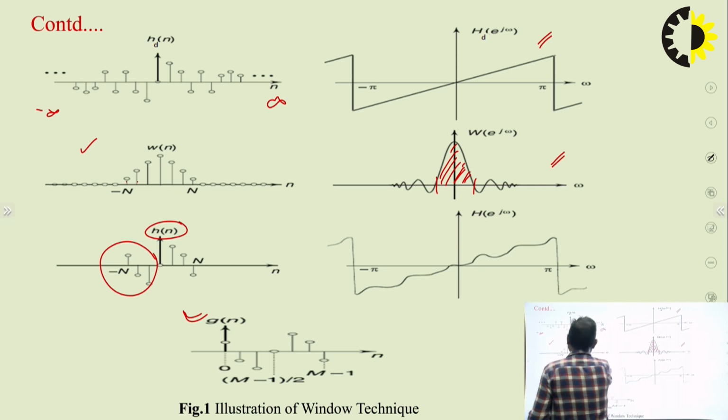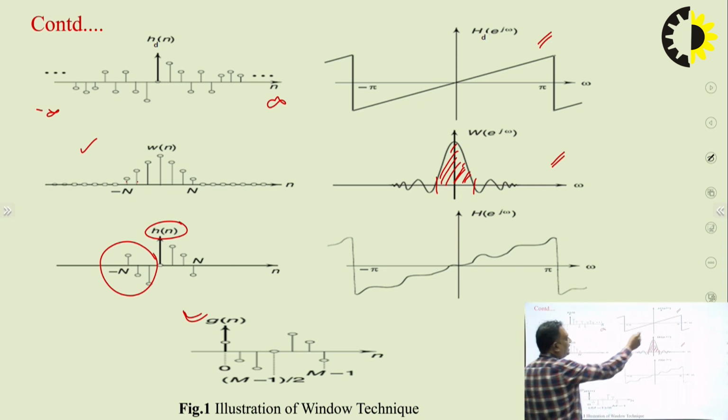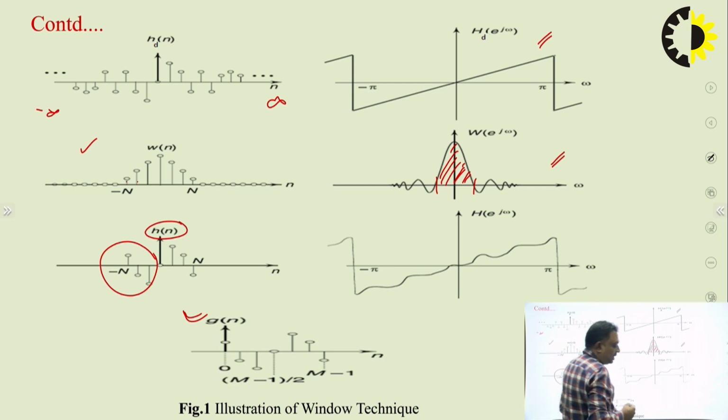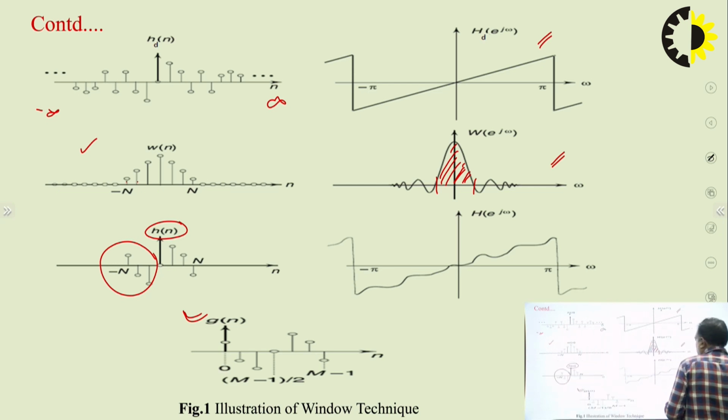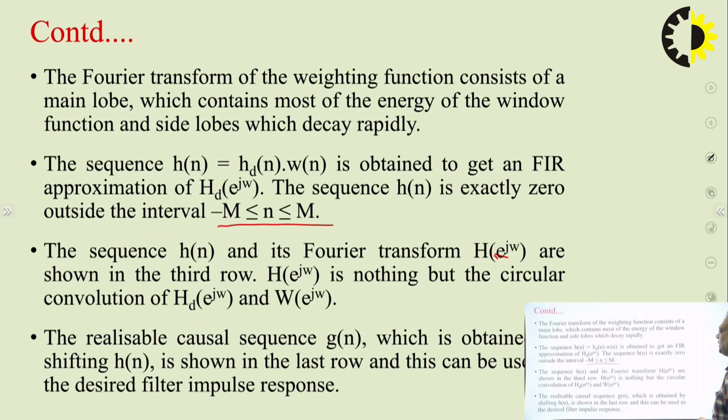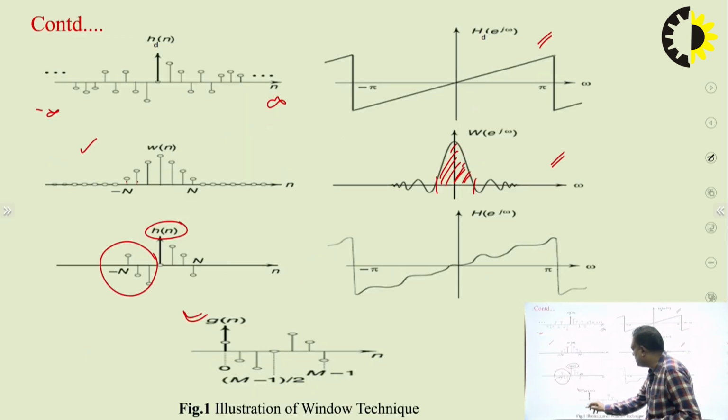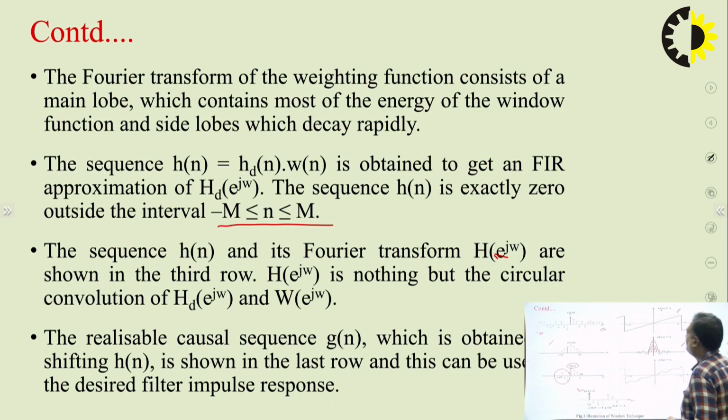Here we are doing the multiplying operation, and multiplication in time domain corresponds to convolution in frequency domain. So this and this will make a convolution, and we will get the final frequency response. Okay. The realizable causal sequence g[n], which is obtained by shifting h[n], is shown in the last row, and this can be used as the desired filter impulse response. Okay. So now we can choose this causal impulse response for designing of an FIR filter.